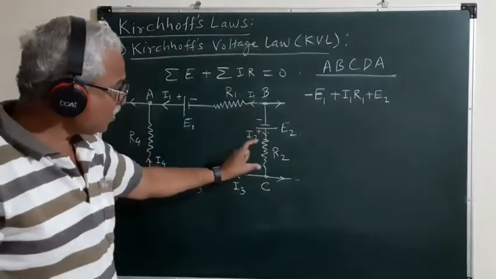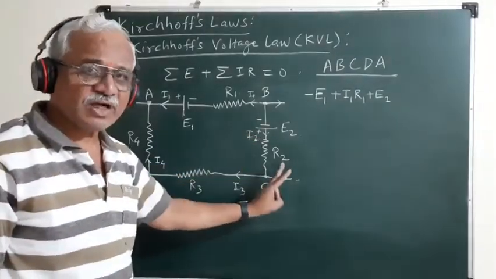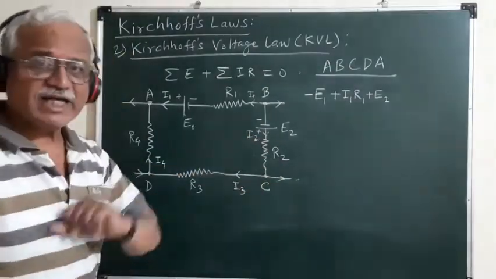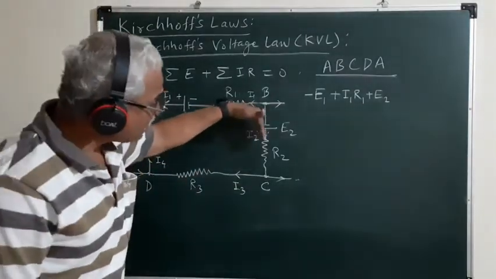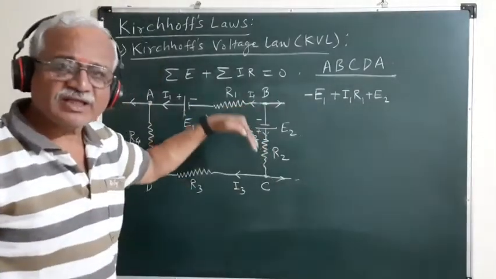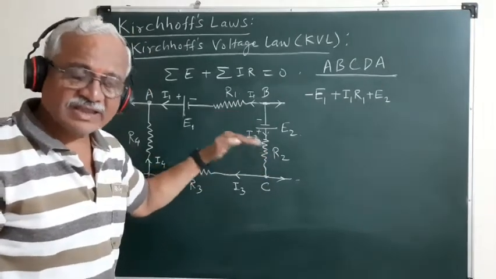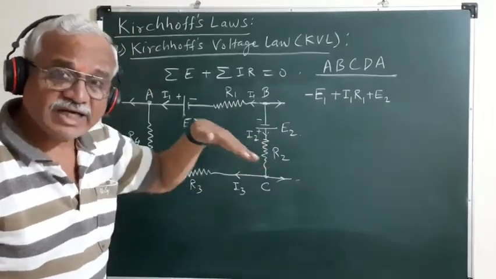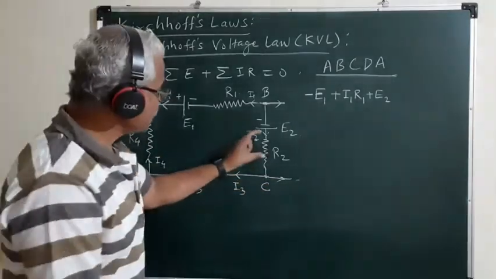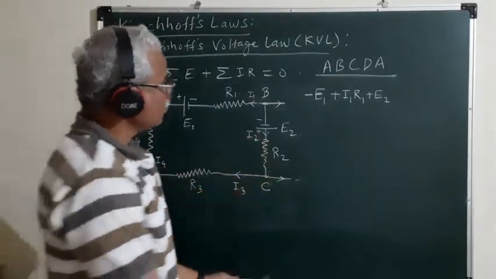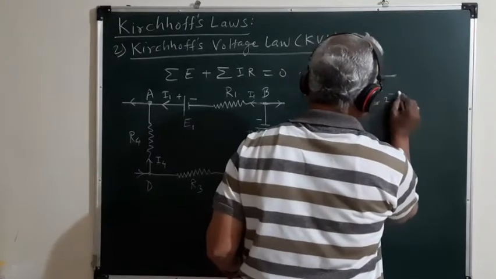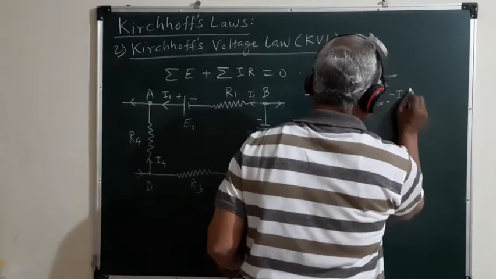The potential drop across R2, that is I2 R2, should be taken negative because we are traversing this branch in the direction of current flowing through it, which is nothing but the direction of decreasing potential. So it is minus I2 R2.